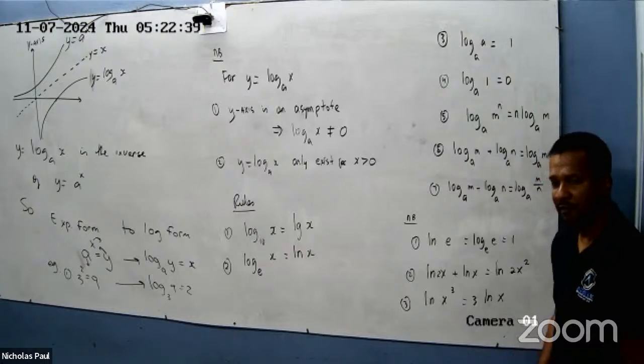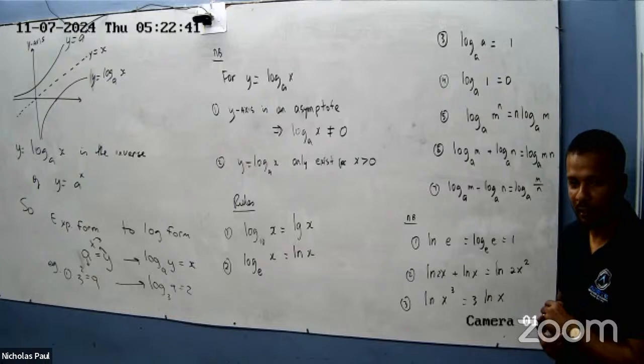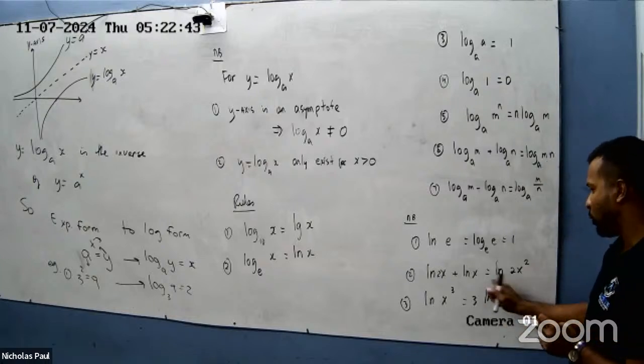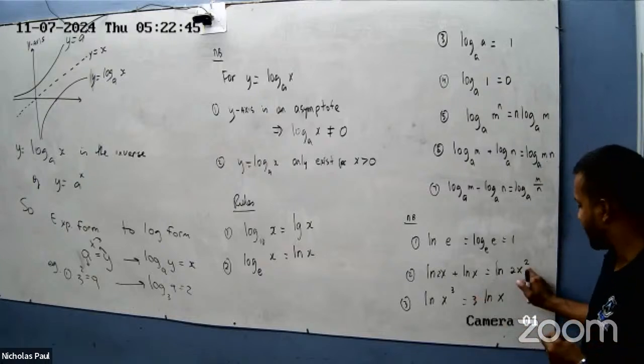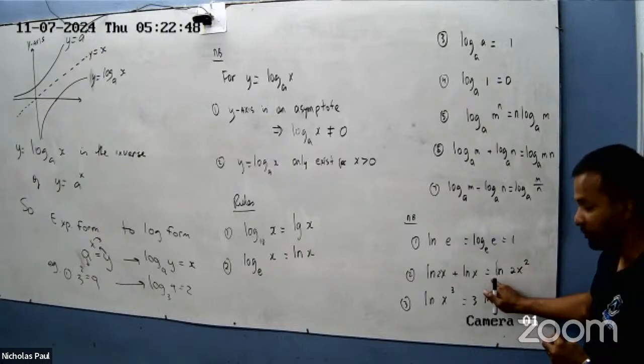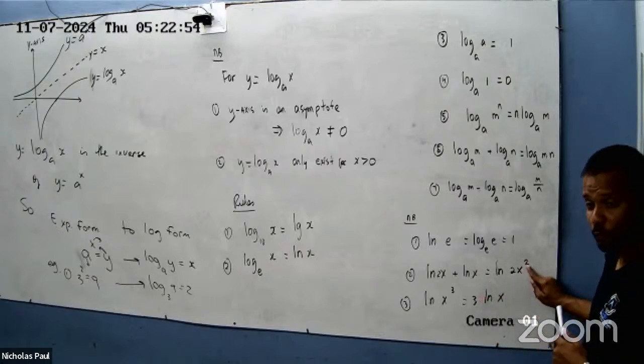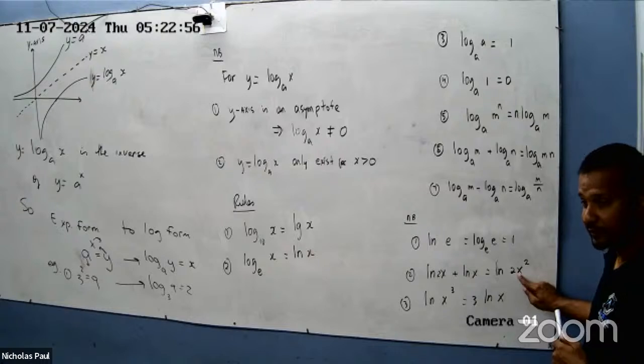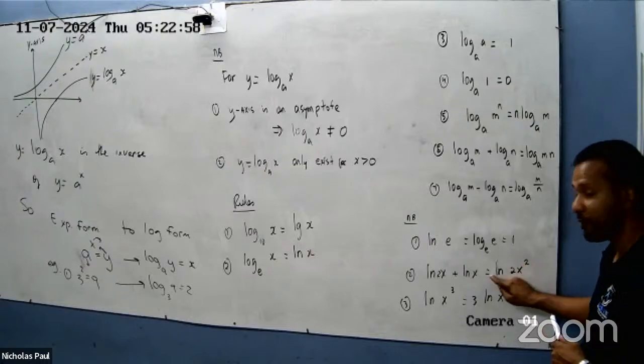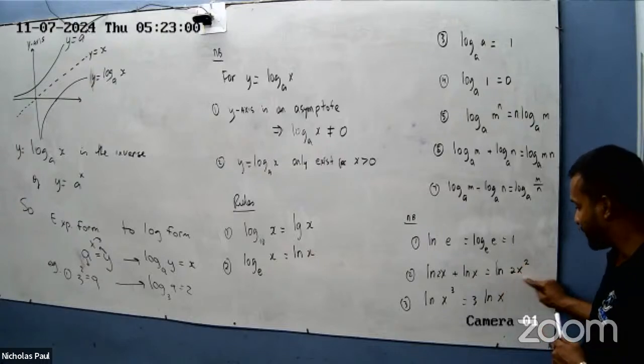A question, Faith. Can I take this 2 and bring it in front here? No, because this 2 is only the power of x. If I put a 2 in front here, it's going to be multiplied by this whole thing.